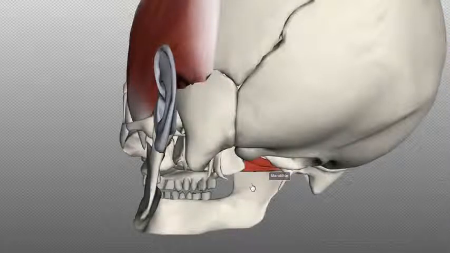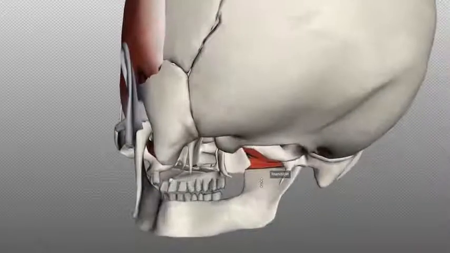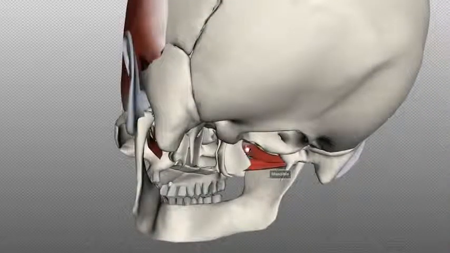So that's the medial pterygoid muscle, which isn't shown here unfortunately, but it originates on the medial surface of the lateral pterygoid plate and inserts onto the medial surface of the angle of the mandible.